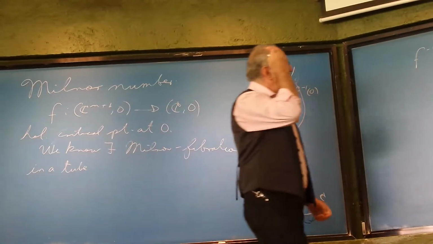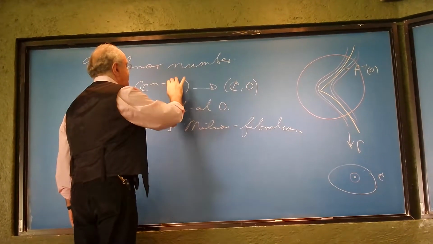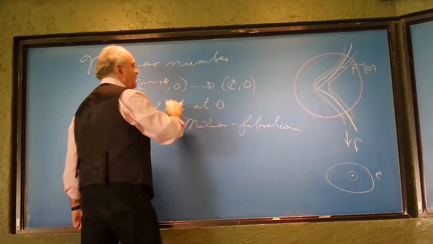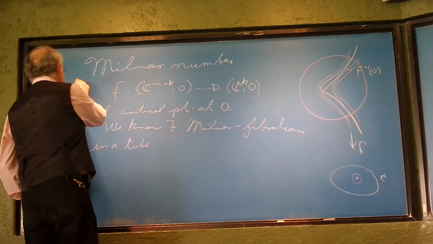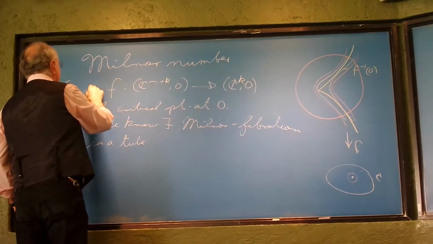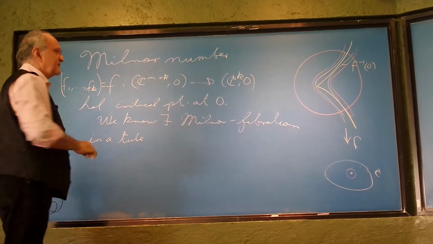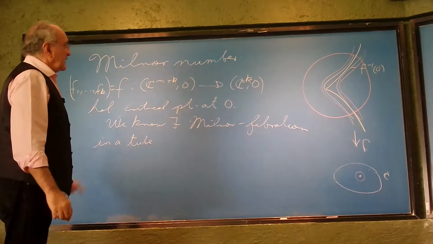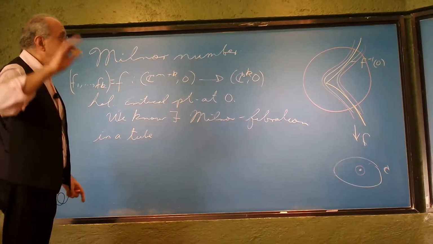And exactly the same theorem holds when you have a complete intersection. If you take, instead of one function, f1 up to fk holomorphic functions such that, sorry, I said something which is not correct.